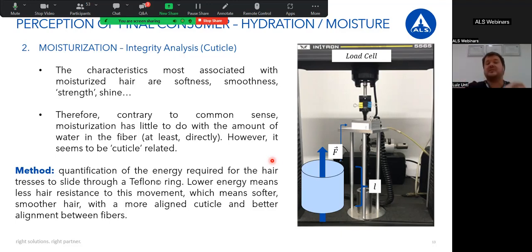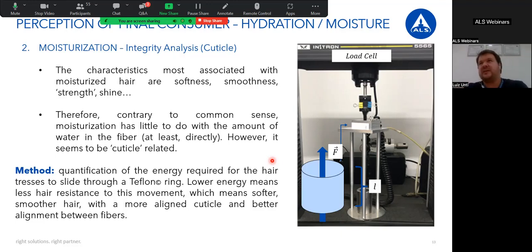So for moisturization, although we may think about water or hydration, we are not going to analyze this, but the feeling of having a hydrated or moisturized hair. So what we want to test here for moisturization is how soft, how smooth the hair is, related to the cuticle alignment.